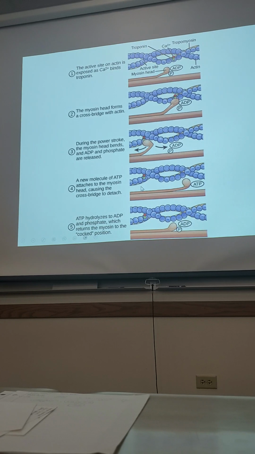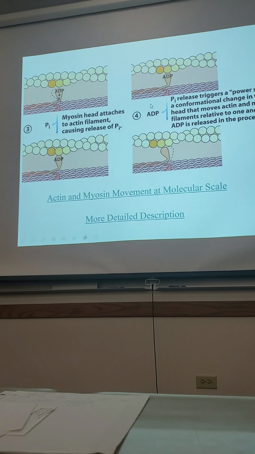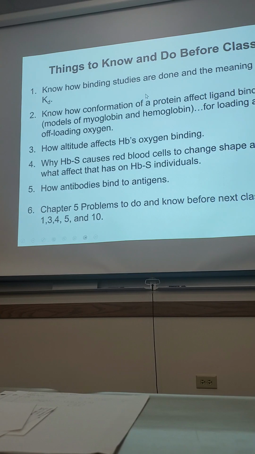Then it's going to detach, bind an ATP, and once again go through the process of binding, and then it'll hydrolyze the ATP and pull it through. So you just get this continuous function: contract, release, contract, release. Wow. All right? That's all instigated by binding ATP, which then gets hydrolyzed, and then that's no longer favorable for the binding event, so it detaches, and then it goes that way. All right.